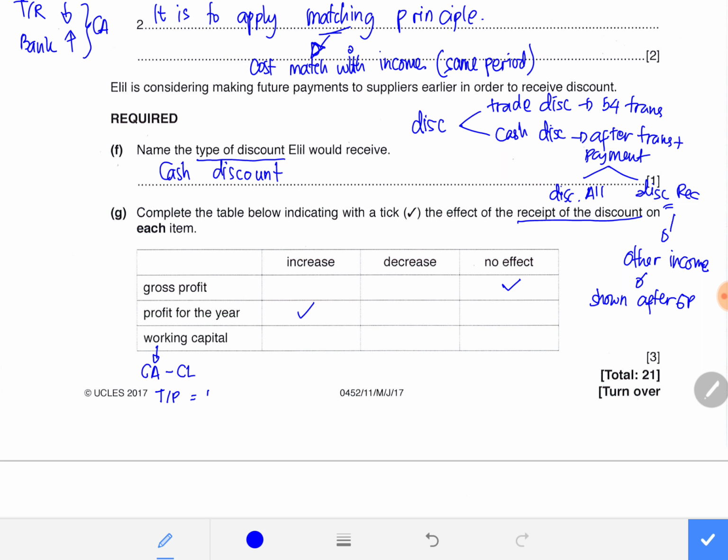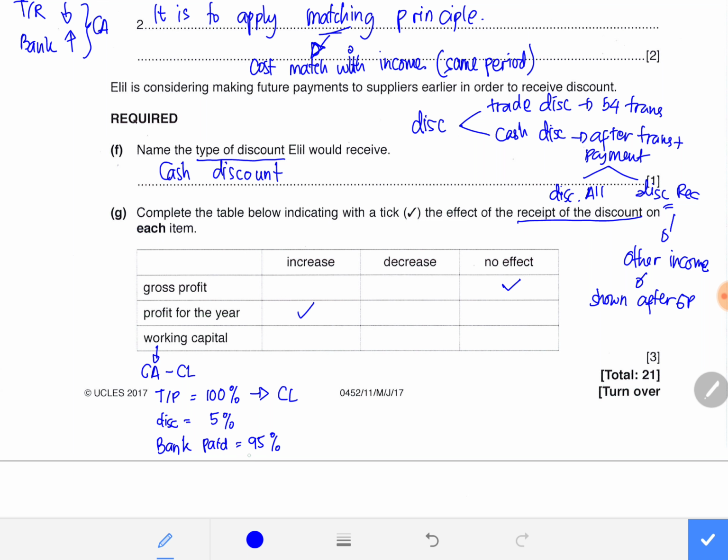Let's say you have debts of 100%. And then when you want to pay, you get a discount. Let's say the discount is 5%. Now, that means you only have to pay 95%, right?